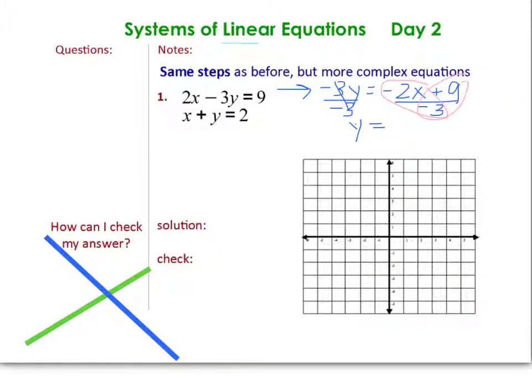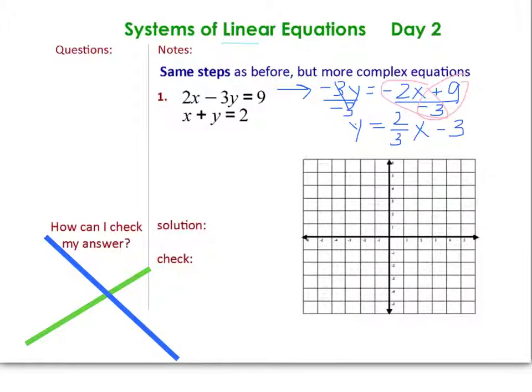My first piece is negative 2x divided by negative 3. A negative divided by a negative becomes positive 2 over 3x. My second piece is positive 9 divided by negative 3.